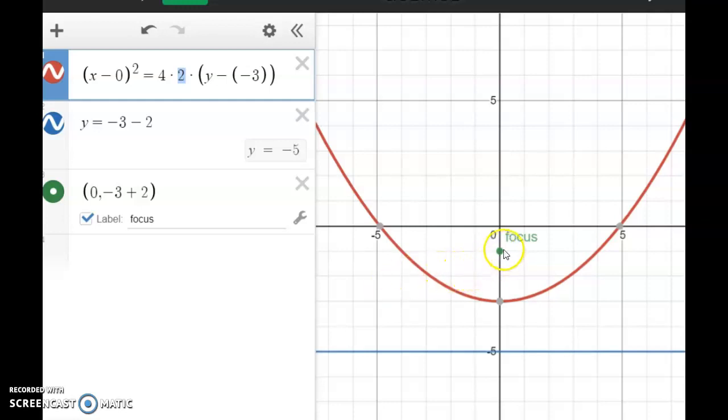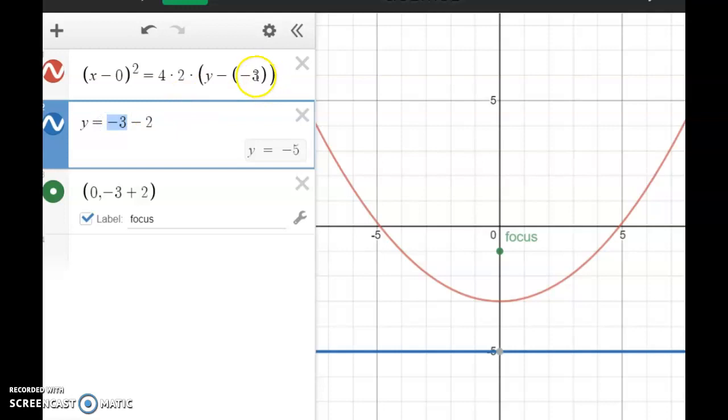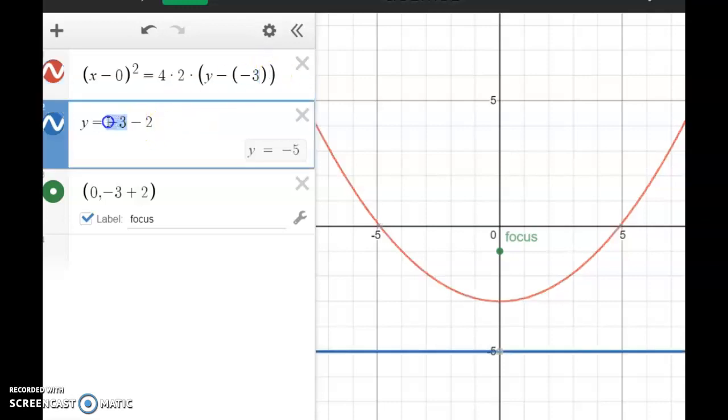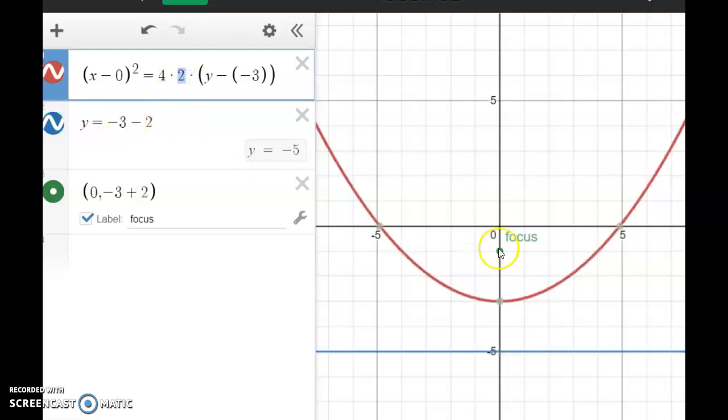I don't know if I can click on this, maybe not. It's labeled. And then the directrix: it's good that I rewrote y plus 3 as y minus negative 3 because it's easier to see. So that's the k over here, negative 3, and then there's a minus the p, so minus 2, which gets me down to negative 5, and the directrix is here.